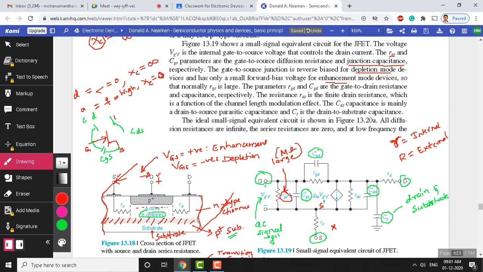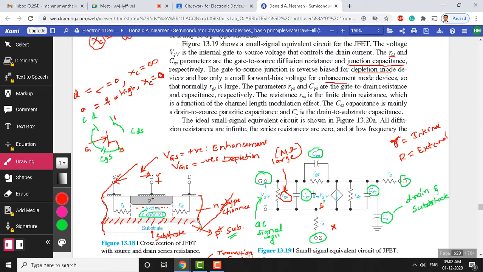So far we have seen two parameters. RGS, its value should be very large, and CGS, the capacitance within the PN junction, is called junction capacitance, and because of reverse bias this value will also be very large. Now let us see other resistances and capacitances: RGD and CGD. The subscript will tell you where that resistance is exhibited by the actual device.